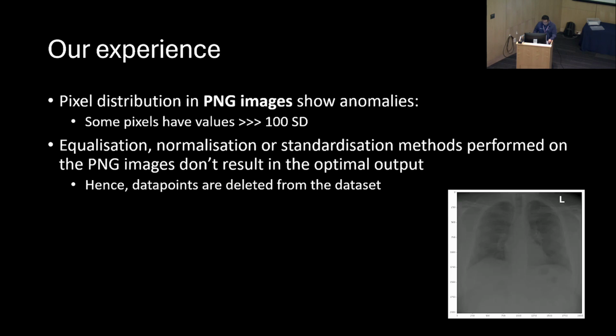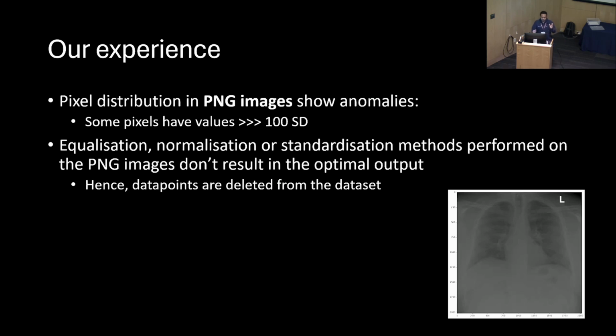So let's continue. Just a little bit of our experience. Last year, after the datathon, we looked at the data sets that we have, which were extracted as PNGs. And Frank, who is also a postdoc, looked at the distribution of the pixels and found that some of the images had a very high standard deviation of the pixels.